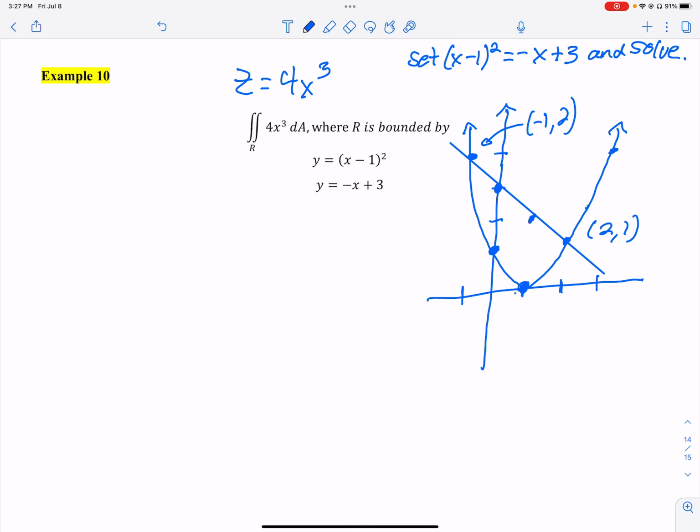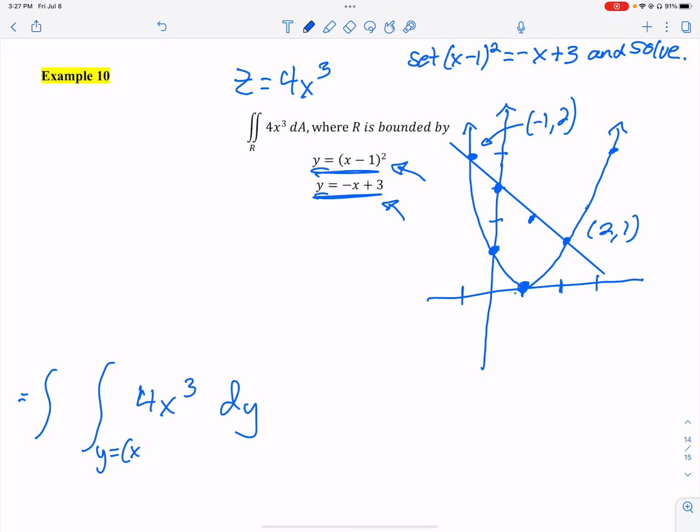Okay, so I have things defined in y already. I don't want to change the x's, but finding those intersections will give me my x values. So I have that thing is equal to, all right, I'm going to leave my 4x cubed. And what I should do first is my dy, since I have both of them here. Now be careful though, because it is going to be y equals x minus 1 squared on bottom, and that's because the curve here is below, right?